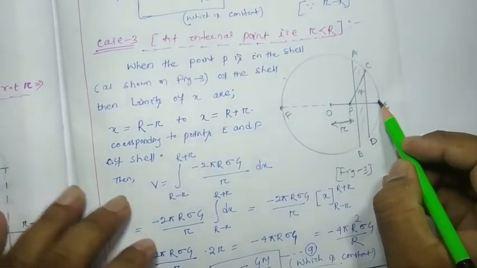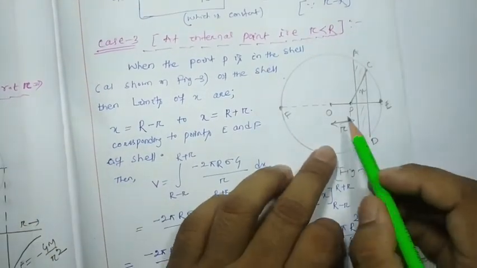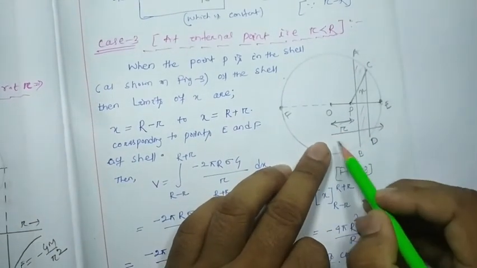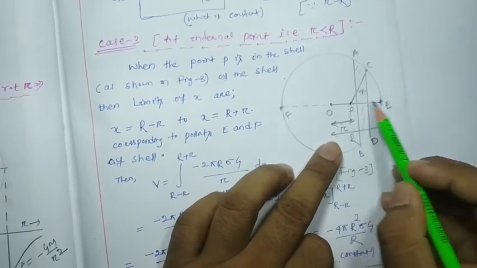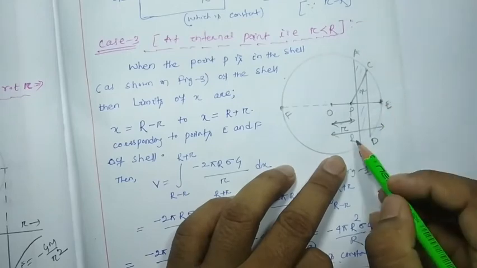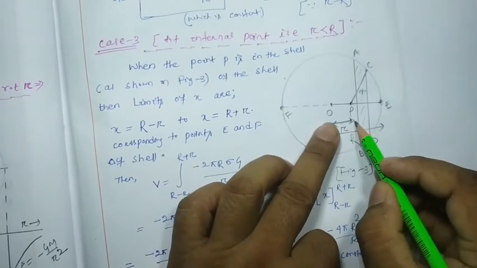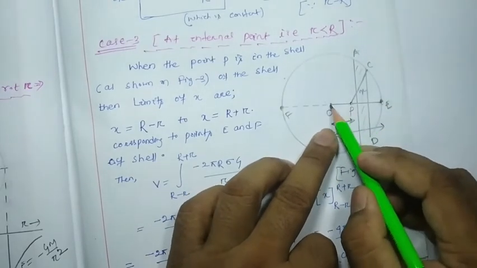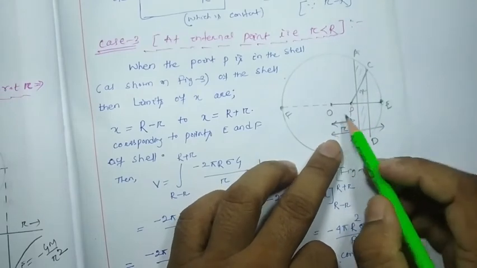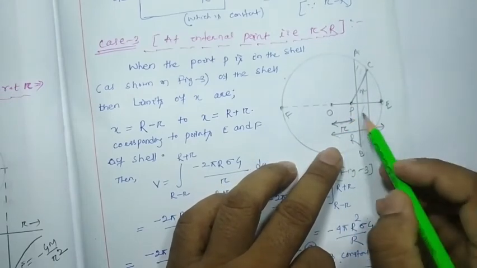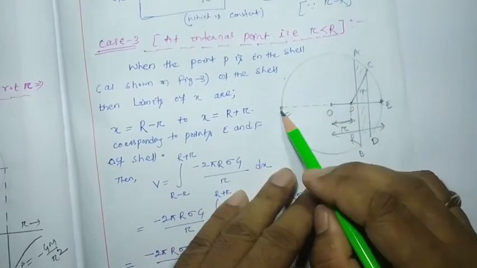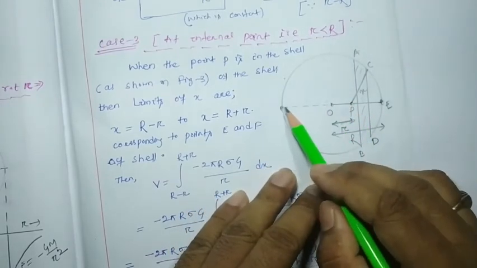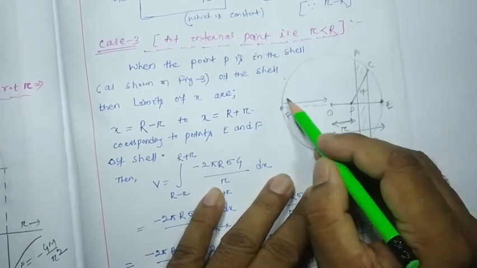Now for the internal point, from this point to the first face, this is your capital R and this is your small r. From the point to this face, the distance will be capital R minus small r: O to P is small r, O to E is capital R, so P to E is R minus r. Now P to F will be capital R plus small r.